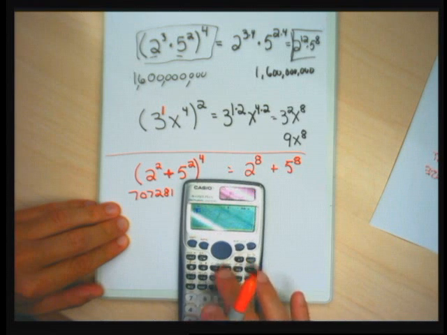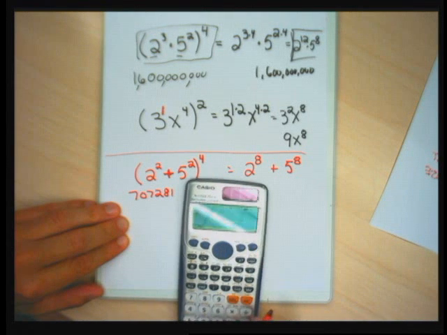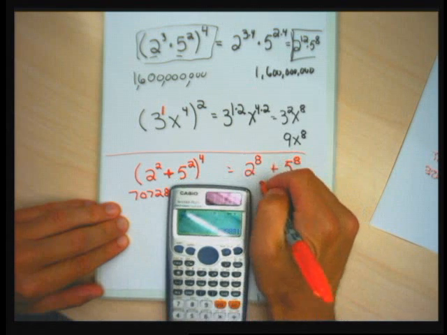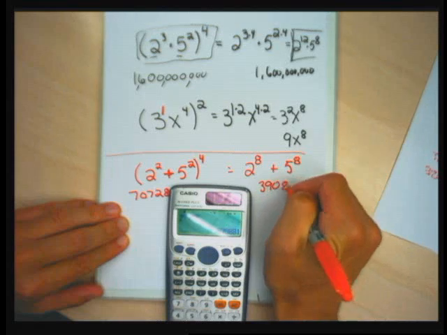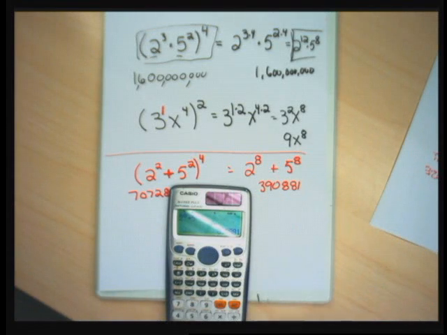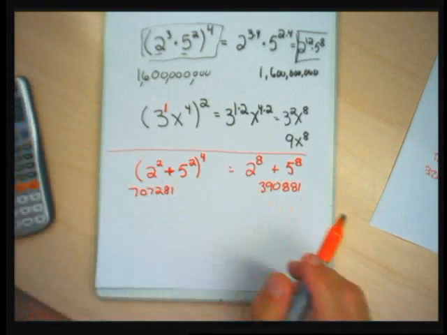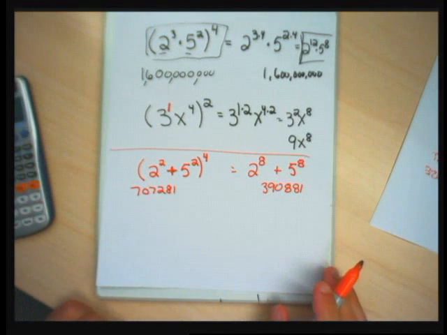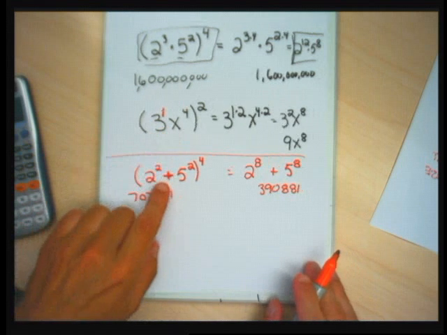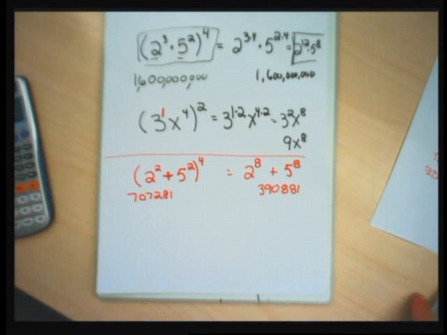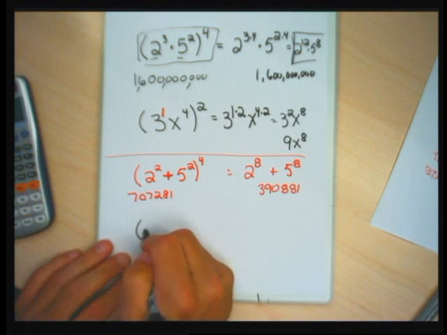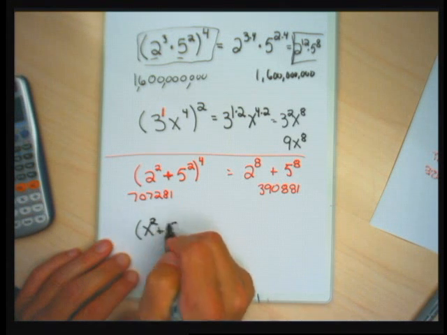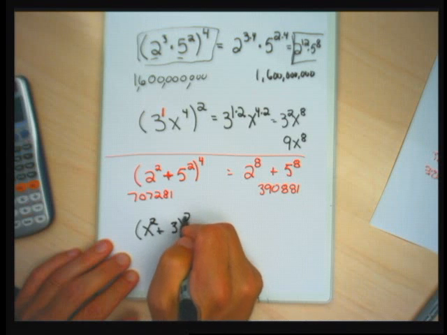If I do 2 to the 8th power plus 5 to the 8th power, I get 390,881. So it doesn't work, the rule. The rule only works if you have more than one term with two exponents when there's times between it. When there's plus between it, it doesn't work. Similarly, if I gave you something like this, x plus, how about x squared plus 3 squared?